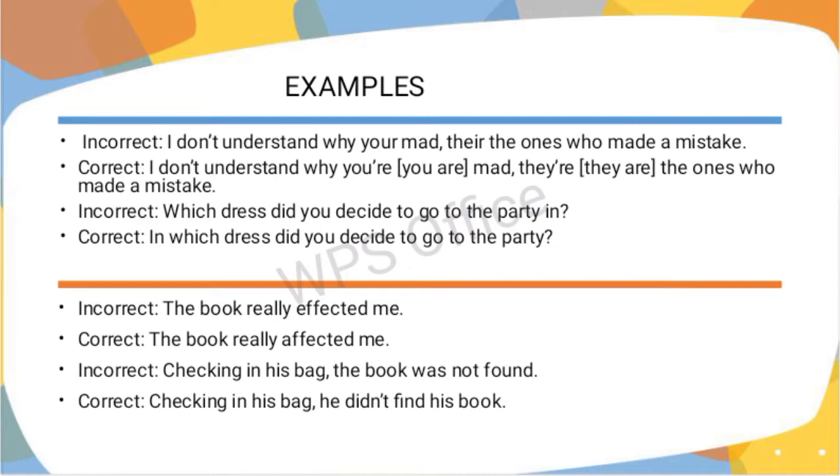Next is, checking in his bag, the book was not found. The correct one is, checking in his bag, he didn't find his book. So this example belongs to dangling modifier, because from the incorrect sentence, it makes the sentence sound awkward and can be confusing to read.